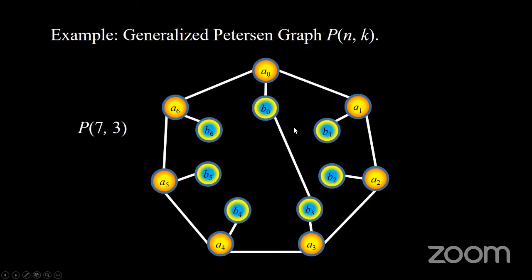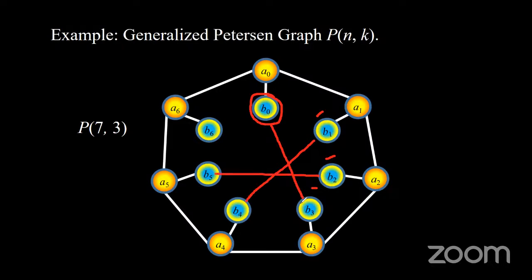So for example, from here you count 1, 2, 3, and that is the edge. From here, count 1, 2, 3, and you get that. From here, get that, and then 1, 2, 3, you get that one. That is how you draw the generalized Petersen graph.